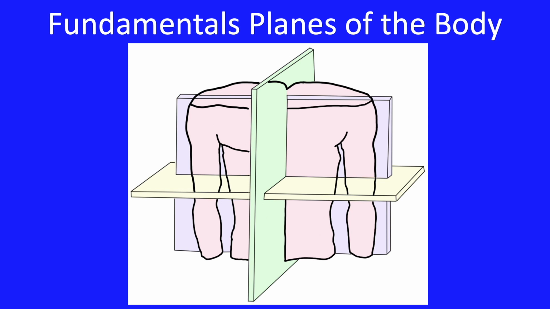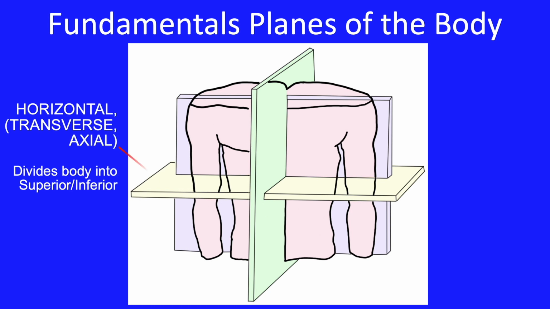Further, in the anatomical position, the body can be imaginarily sliced into planes. Anatomists have used these slices or planes to present the gross anatomy in terms of relationships of the structures. These planes include the following. First, we have the horizontal plane, so called because the horizon slices the field of view into earth and sky.